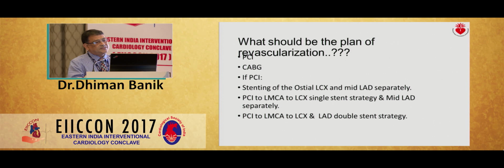Another strategy can be PCI from the left main to LCX, a single stent strategy, with the mid LAD separately. This is a second option. And another option may be PCI from the left main to LCX and doing the LAD as a double stent strategy.